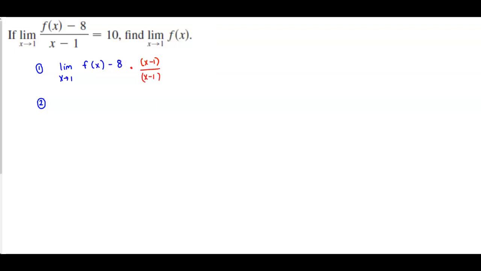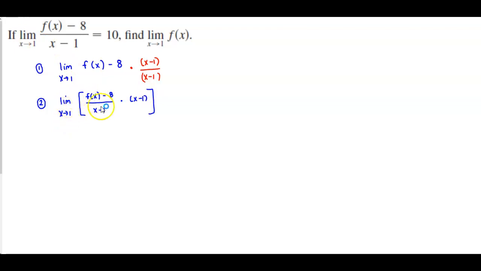So then what we would get is the limit as x approaches 1 of (f of x minus 8) over (x minus 1) times (x minus 1). And now you can see how this part here resembles this part here. And all we did was multiply this by 1, which we can do.